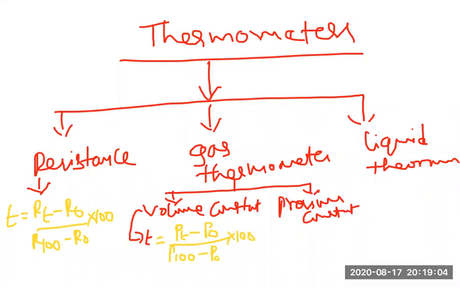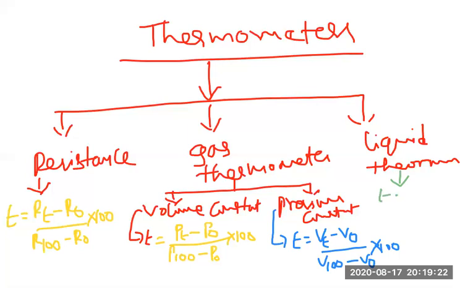And for pressure constant, the volume changes, so T = (Vt - V0)/(V100 - V0) × 100. For liquid thermometers, like the mercury thermometer, we take length: T = (Lt - L0)/(L100 - L0) × 100. Like that we can write the formula for these thermometers.